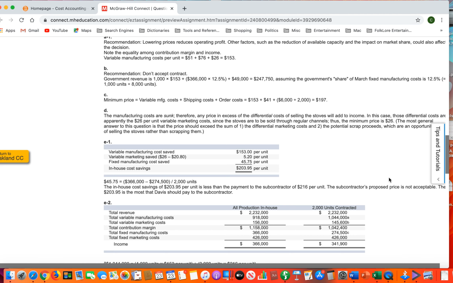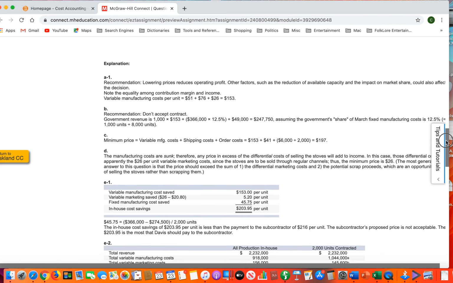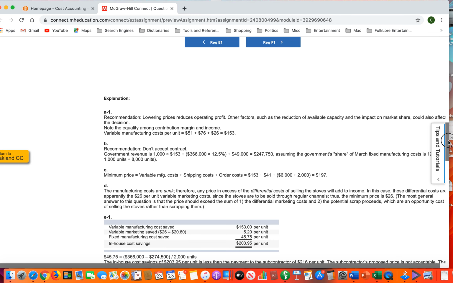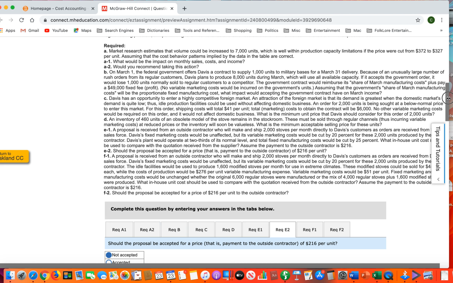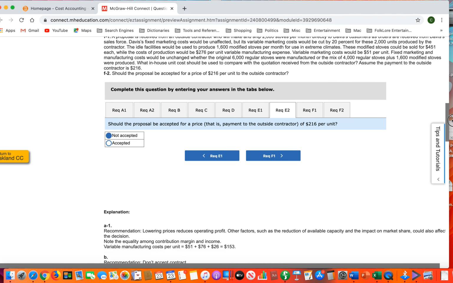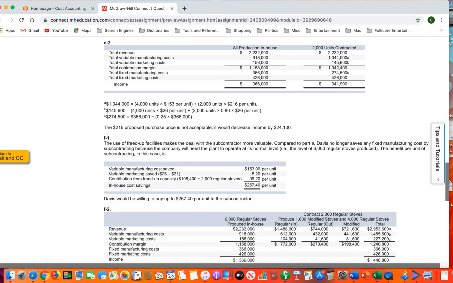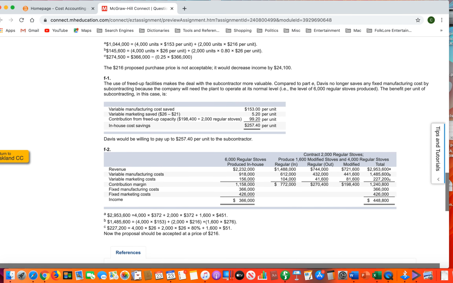Now, let's see here. And let's go to F1 and F2. Again, you go through the same process in terms of what you save.